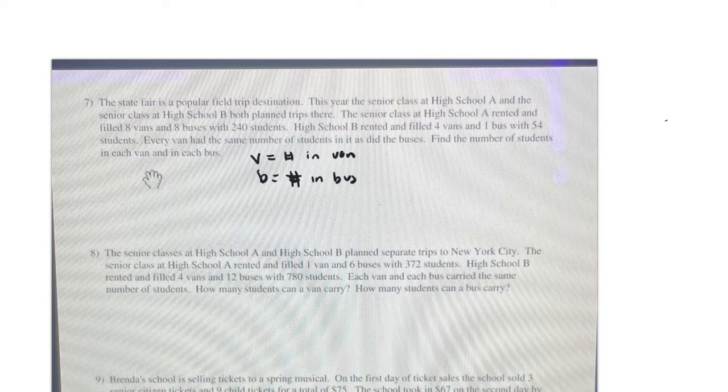So looking at high school A, the senior class rented and filled 8 vans, so that's going to be 8 vans times V students, plus 8 buses times B students, equals a total of 240 students. High school B is going to be 4 vans times V students plus 1 bus times B students. I'm just going to write B equals 54 students.